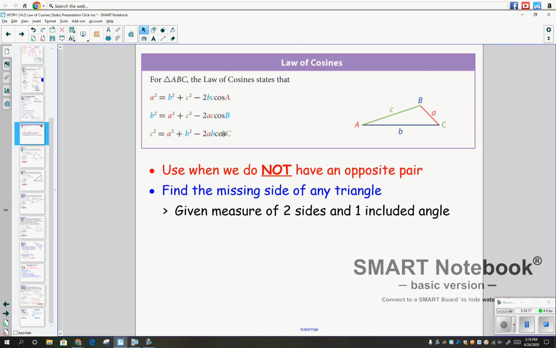I'm just interchanging A's, B's, and C's. And what I will tell you is, if you get to homework and you have a triangle that doesn't have A, B, and C on it, relabel your triangle. It might be RST. Well, let's rename our triangle ABC, and then I can label it with the corresponding sides with little a, little b, and little c if you want to.